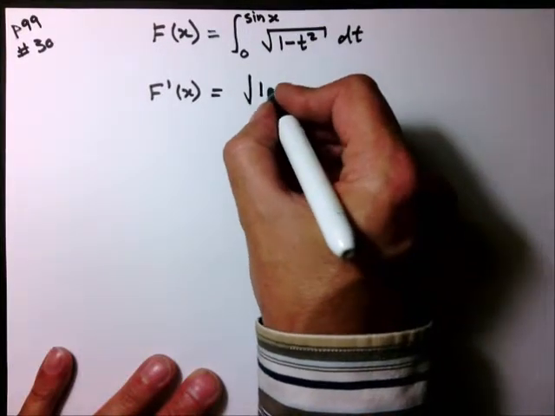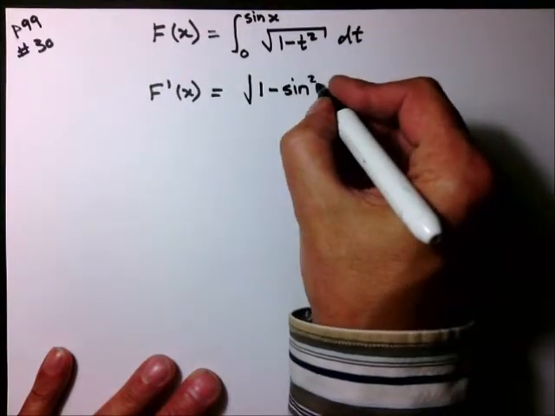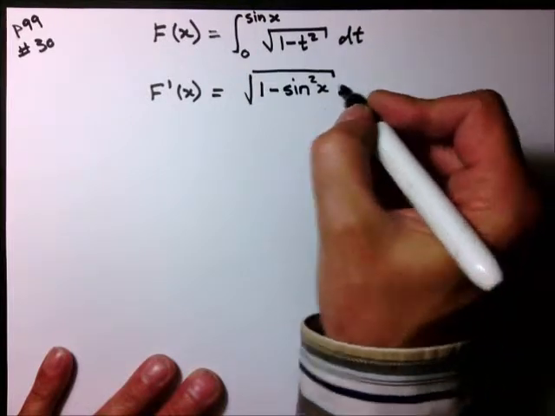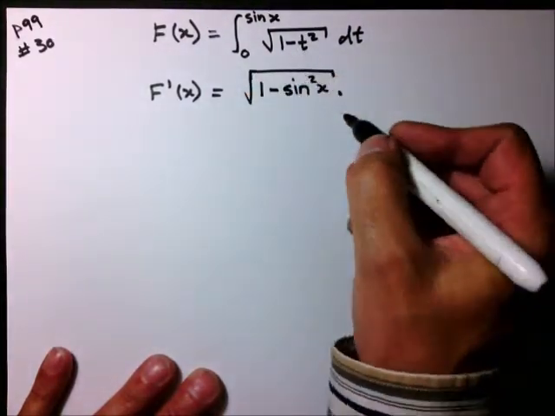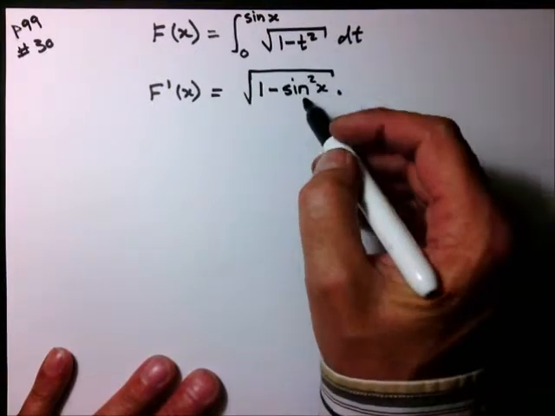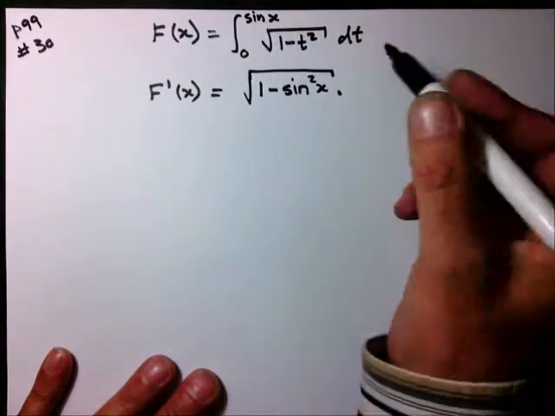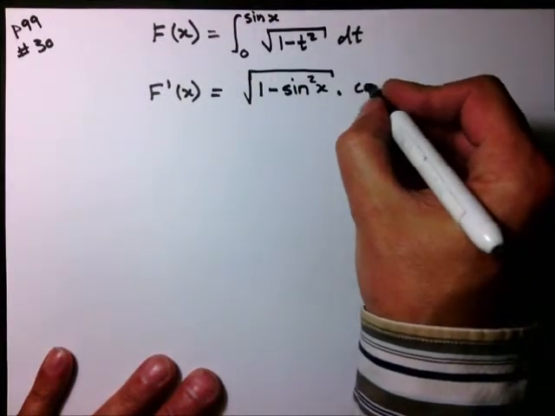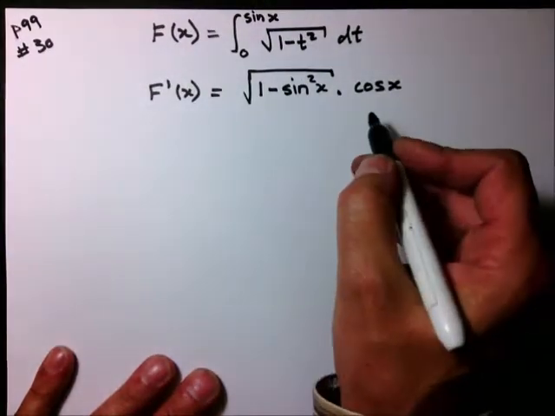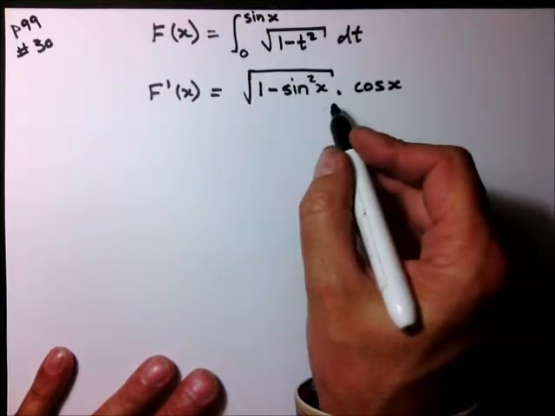1 minus sine squared of x, and because there's a differentiation step hidden inside here, we've got to apply the chain rule by just taking the derivative of the sine x, and the derivative of sine x is cos of x. And that's it. We can simplify this a little bit by doing a couple of tricks.